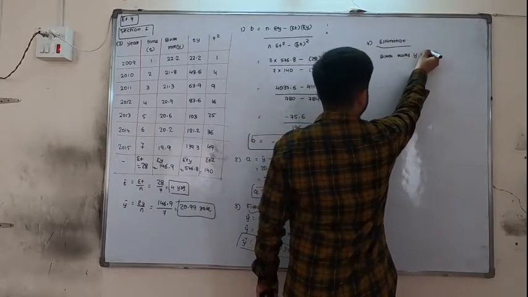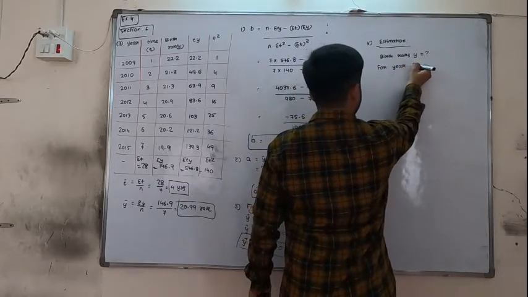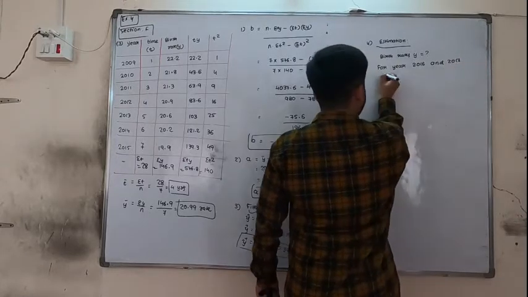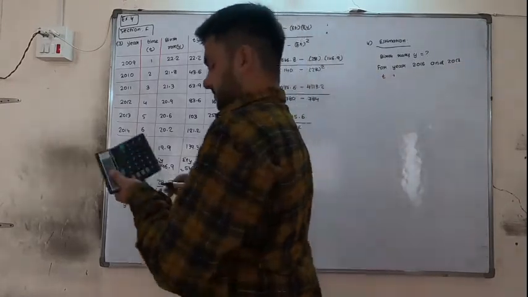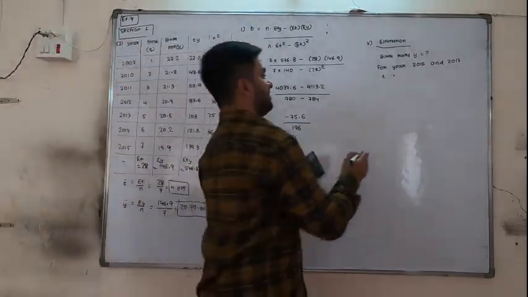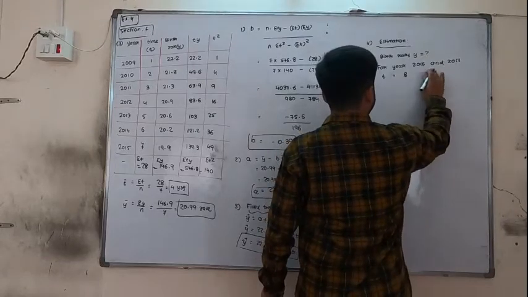Birth rate Y is equal to question mark for the years 2016 and 2017. T is, for 15 it is 7, so for 16 it is 8, and for 17 it is 9.